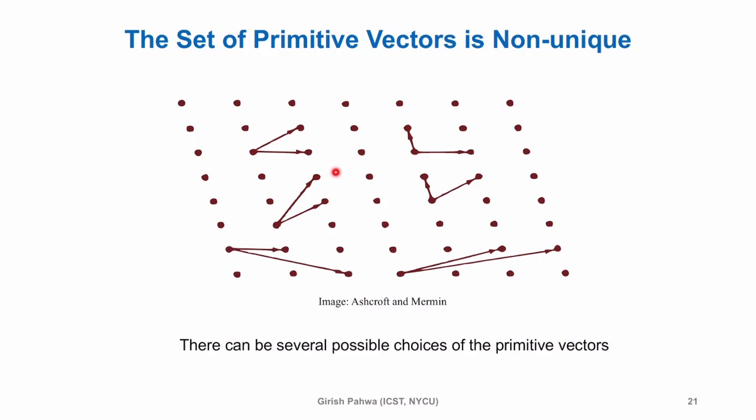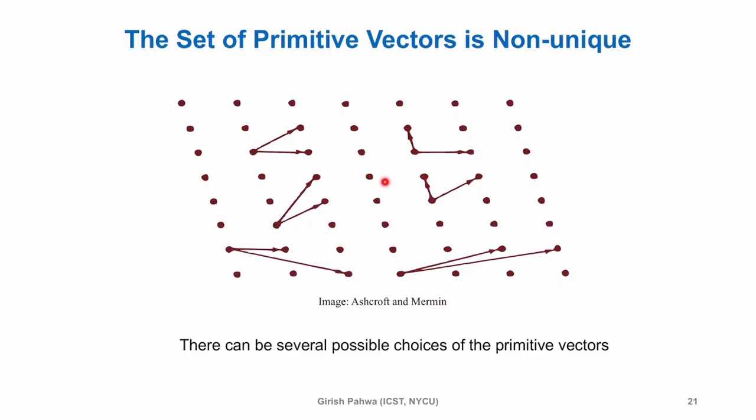So what you have to do is sit at one point and look in two directions in which you will find a lattice point. If I look in this direction, the first lattice point I find will be this. If I look in this direction, the first lattice point I find will be this.